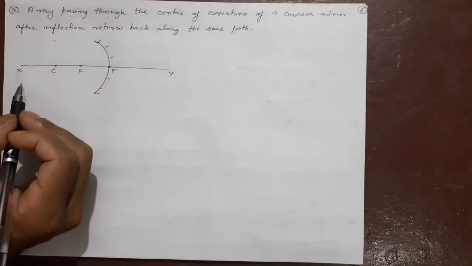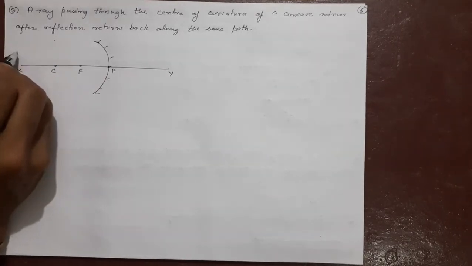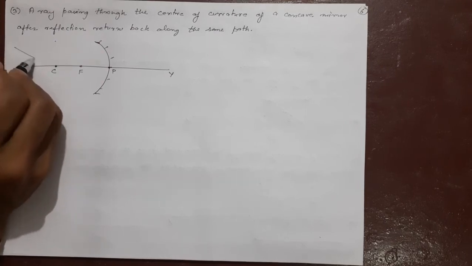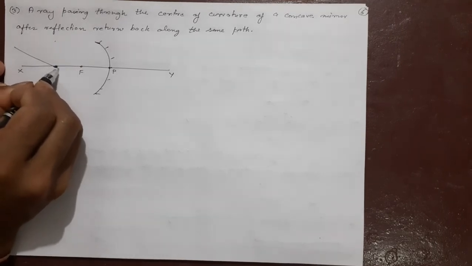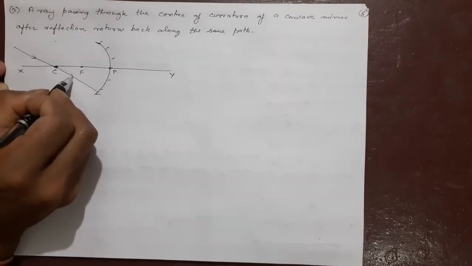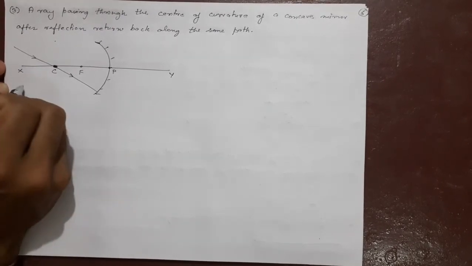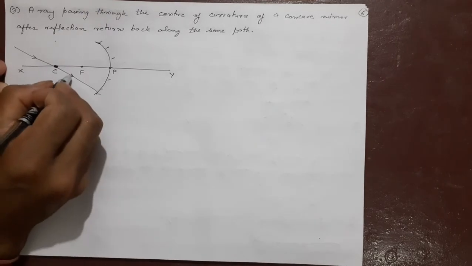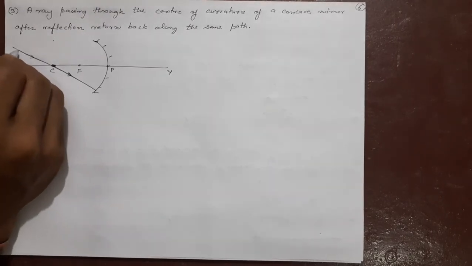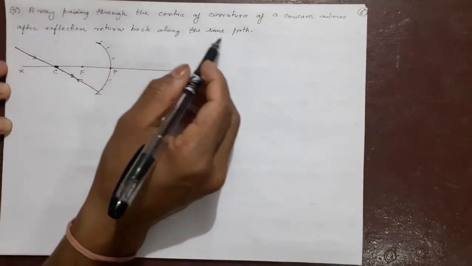Number three is, if that light is coming at the center of curvature like this, what will happen? Like this it is going, it will come like this. Very interesting. It will not become parallel just like earlier. It will rebound itself here. It returns back along the same path.